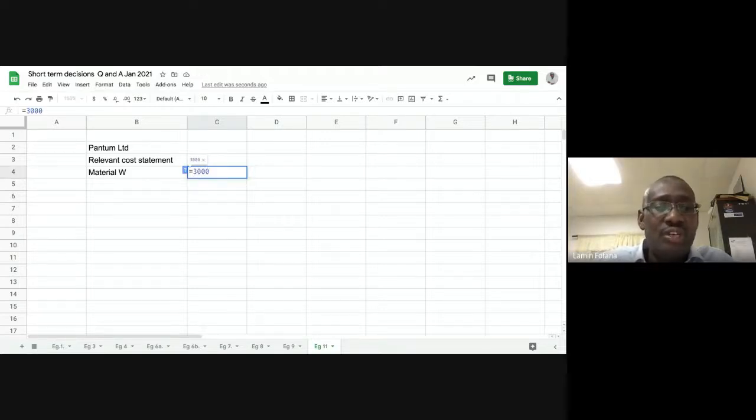At a unit price of what? Our relevant cost per unit, which is 2.4. So multiplied by, we put in bracket 4 minus 1.6, so that you know the 2.4 we're talking about.